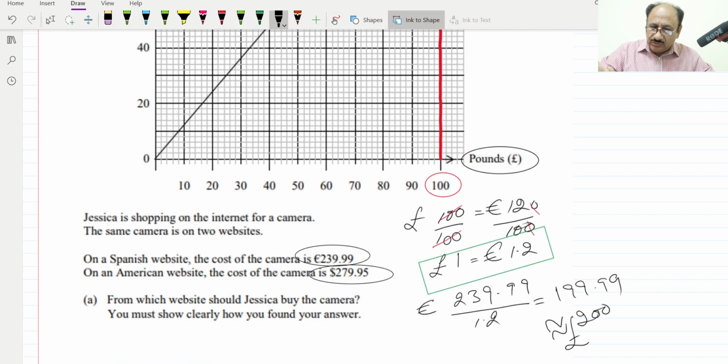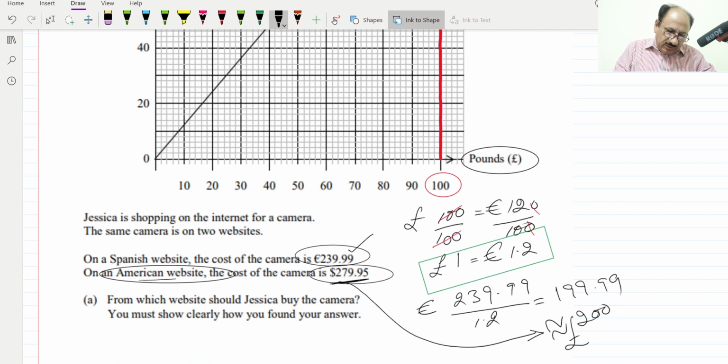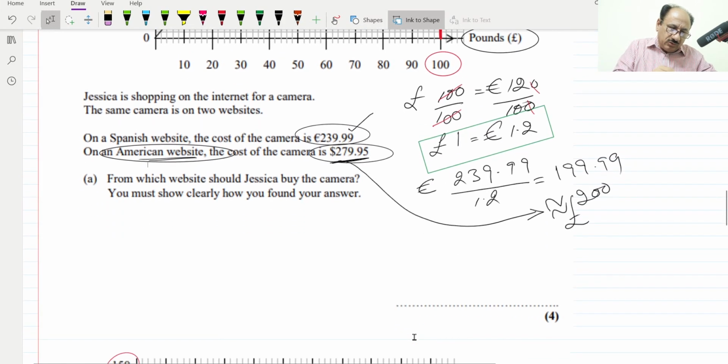So this will be the answer. Now from here we can check that on a Spanish website the cost of the camera is this much, 239.99. American website cost is this many dollars, which is actually this many pounds, like 200 pounds. So the American website will be preferable. Our answer should be American website, which they are asking over here.